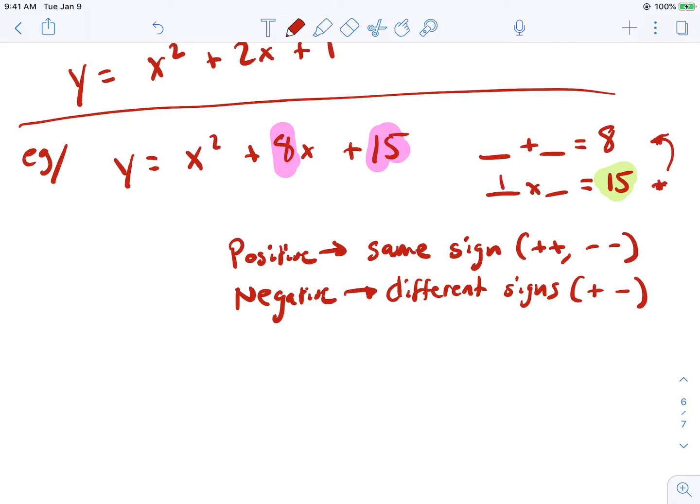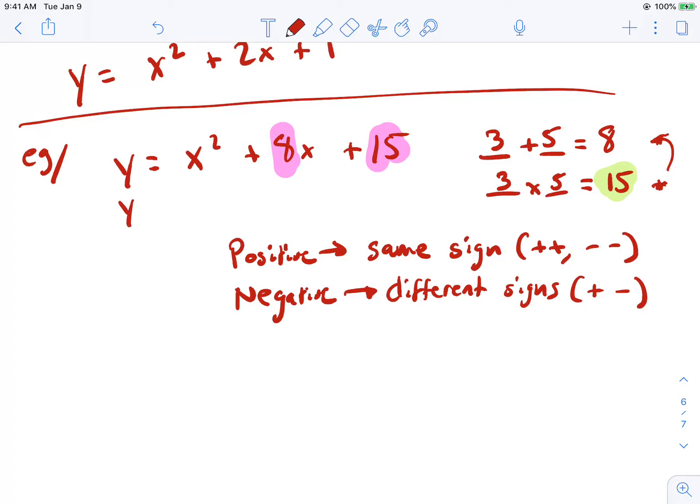Well, we have 1 and 15. That's not going to work because 1 plus 15 is definitely not going to add up to 8. What else multiplies to 15? What about 3 and 5? 3 times 5 is 15, and 3 plus 5 equals 8. So that's perfect. Those are going to be our magic numbers.